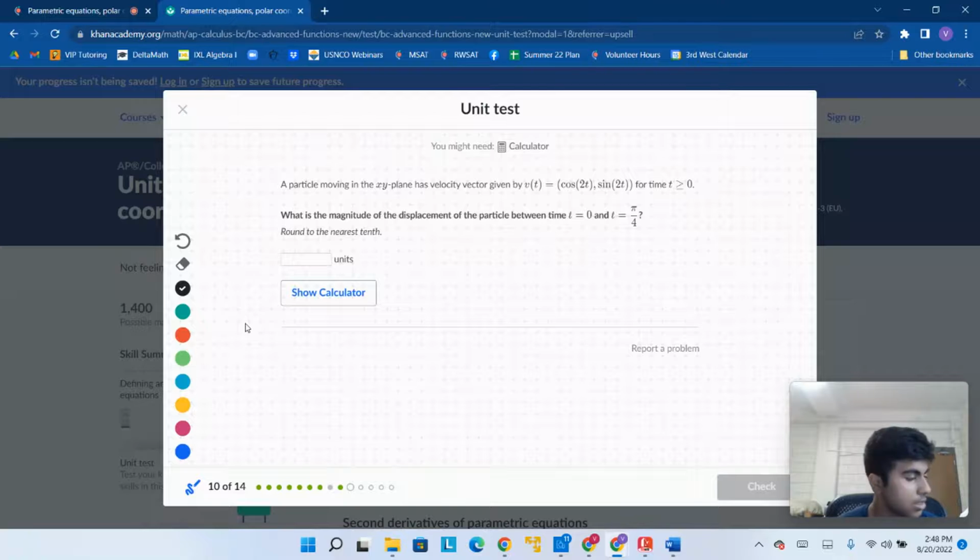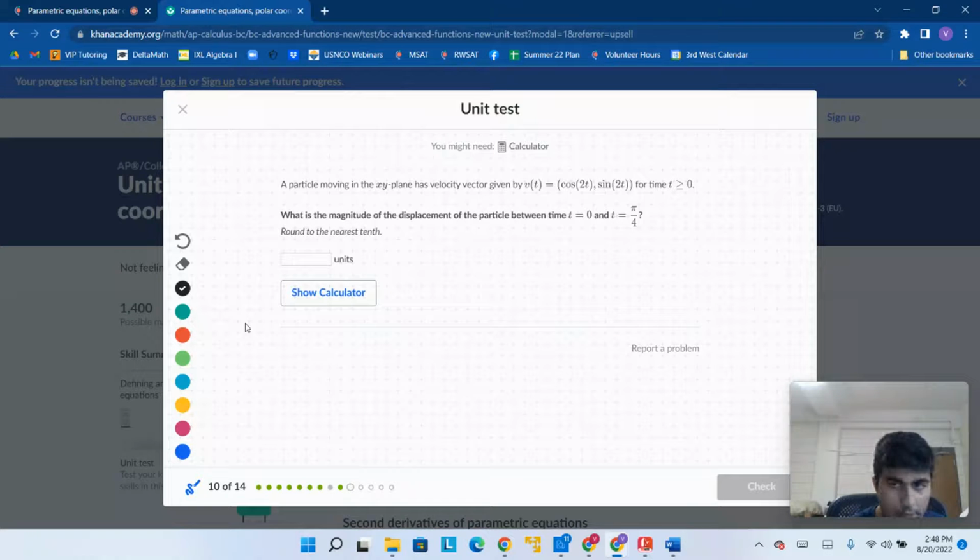So I can take the position vector to be negative 1/2 sine 2t, comma 1/2 cosine 2t. Actually, it's going to be 1/2 sine 2t, then negative 1/2 cosine 2t. All right, now what? Now I can plug 0 into those.